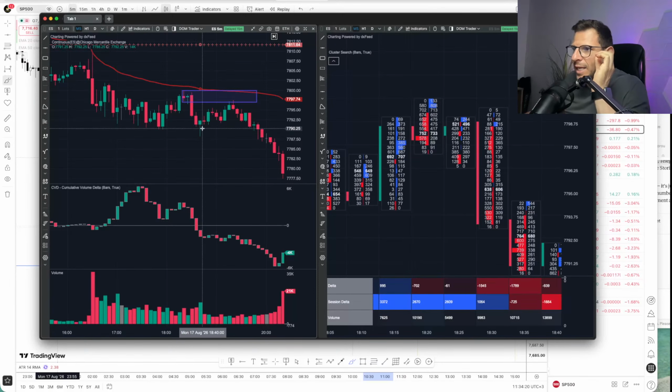And why I was more focused on selling the market, not buying, is because the cumulative delta indicator was making a lower low, and the market came, sold off like here, and see the deviation between this low. See the difference, guys, between this low and that low.